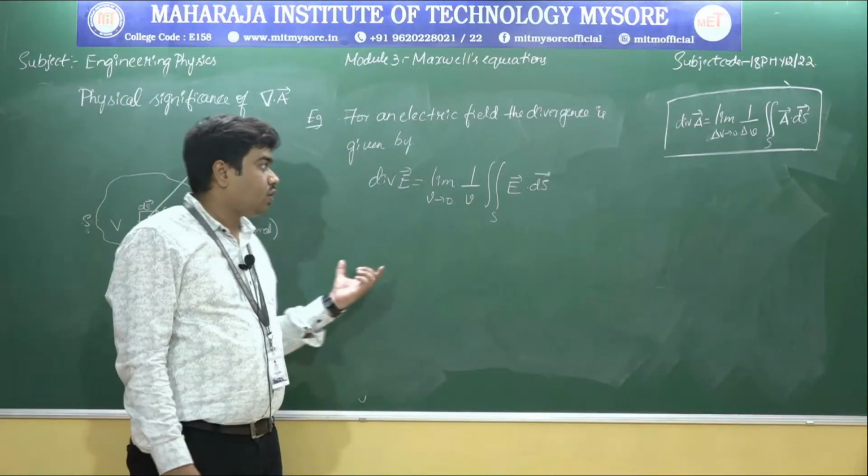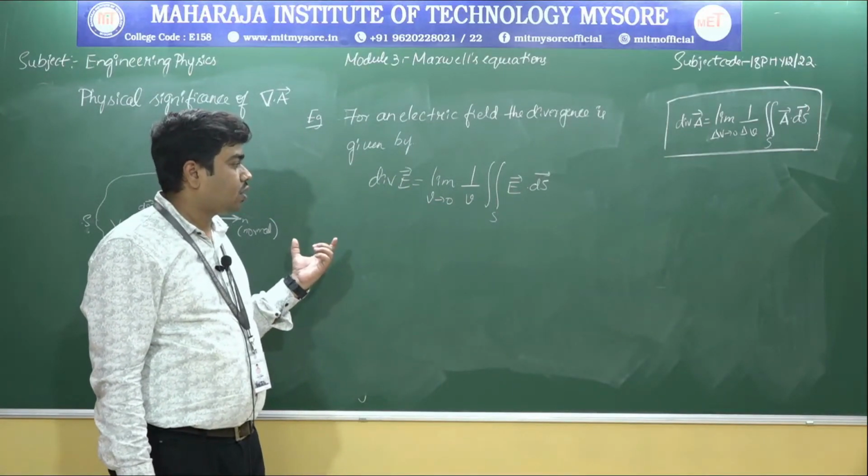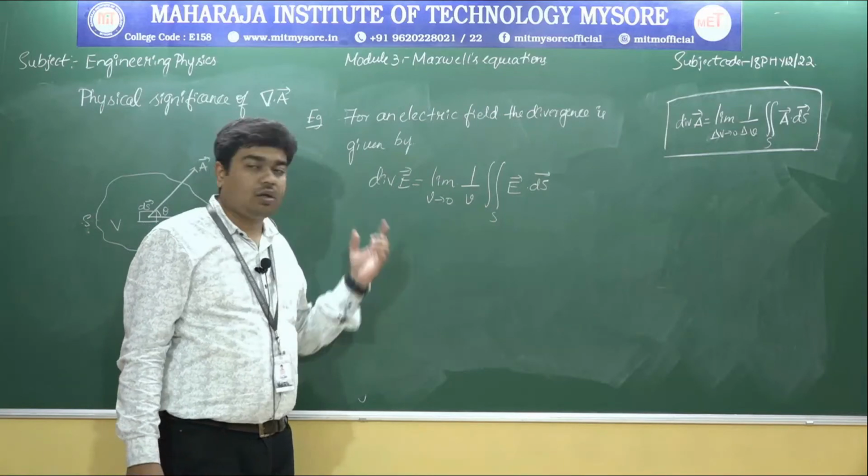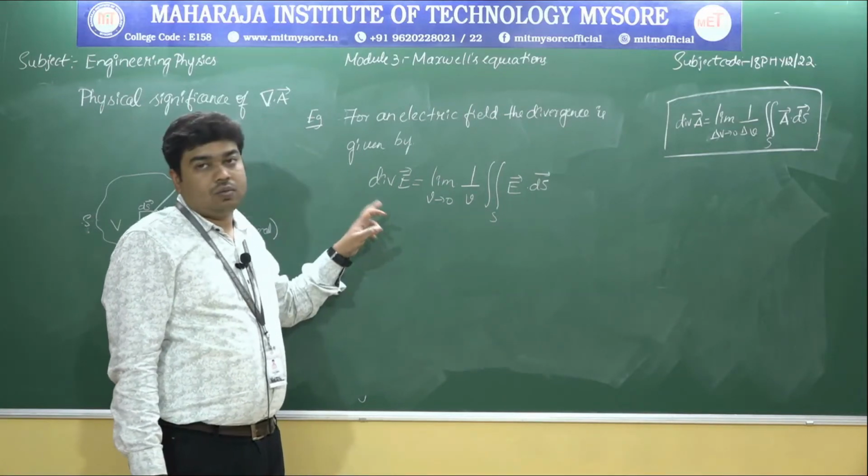This is the divergence equation for an electric field surrounded by a surface at a particular point inside the volume.